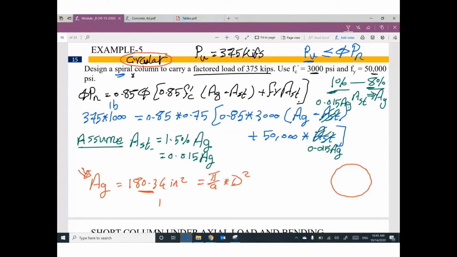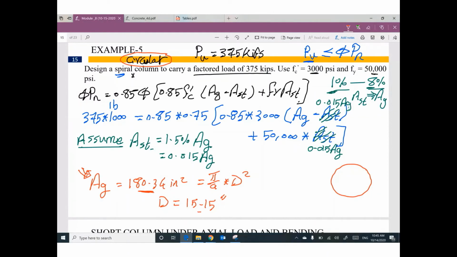So your diameter will be 15.15 inch. We don't like a number with decimals. So this is the minimum.